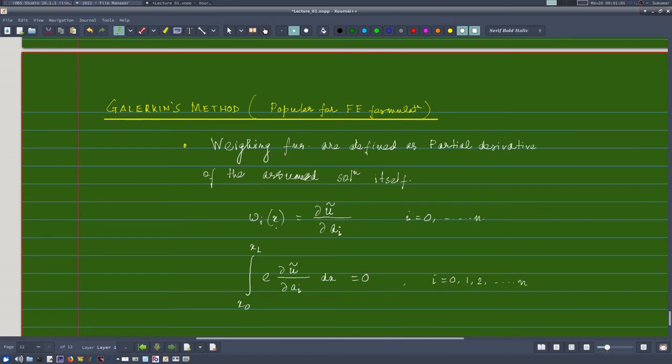So I will get these n numbers of equations, using which we can finally find out the values of these unknown parameters. This we will see in the next few minutes, how we can find it.